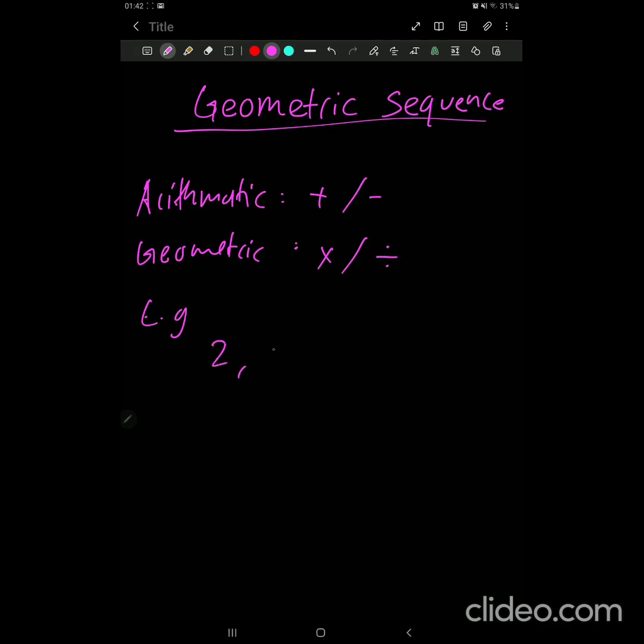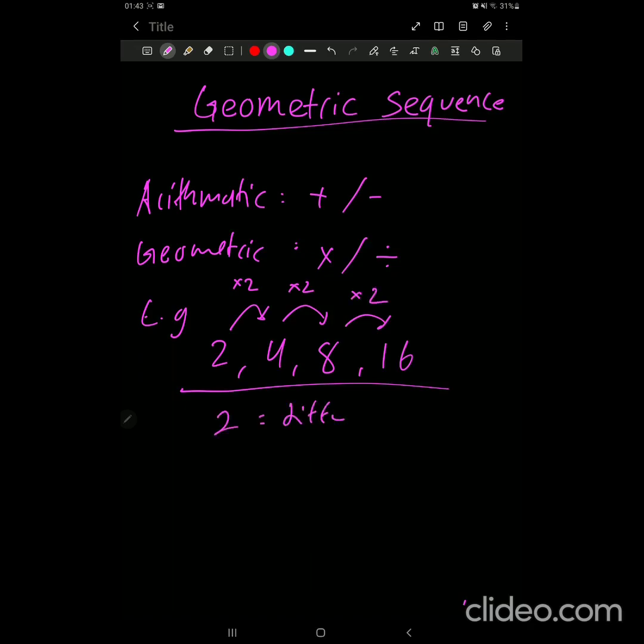we have 2, 4, 8, 16. This is a geometric sequence because to get from one term to another, we have to multiply by 2. Therefore, 2 is equal to the difference or the ratio. It's better to name it as a ratio.